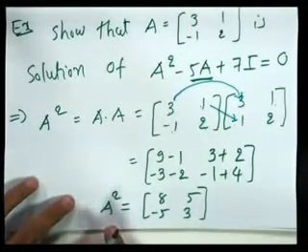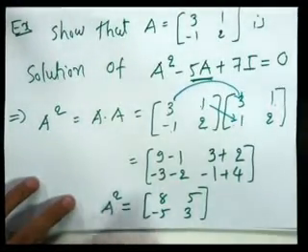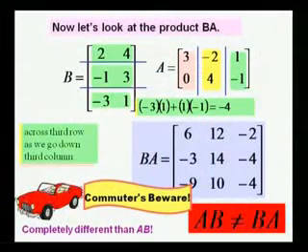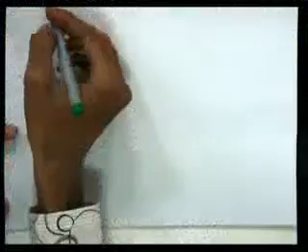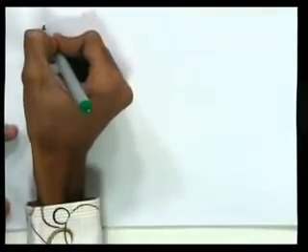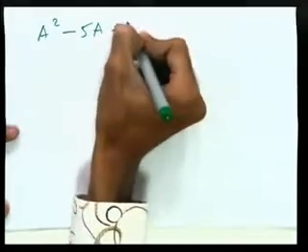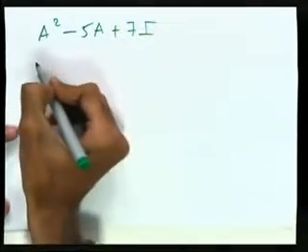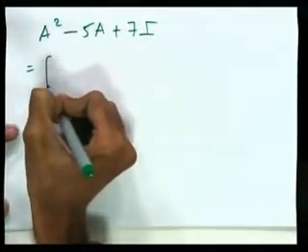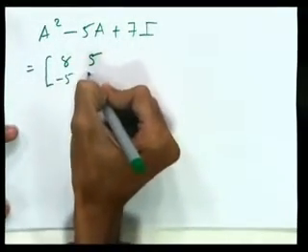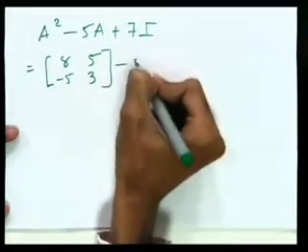And we need to find A square minus 5A, which is the scalar multiplication of A with 5, plus 7I. So now A square minus 5A plus 7I is equal to, we have already found A square, which is 8, 5, minus 5, 3, minus 5A.